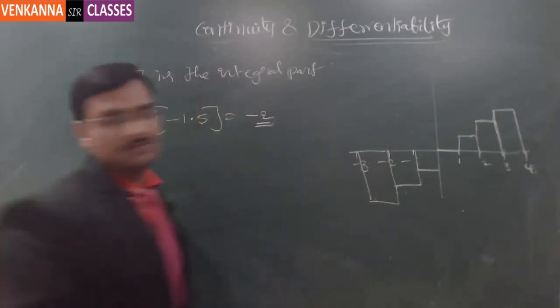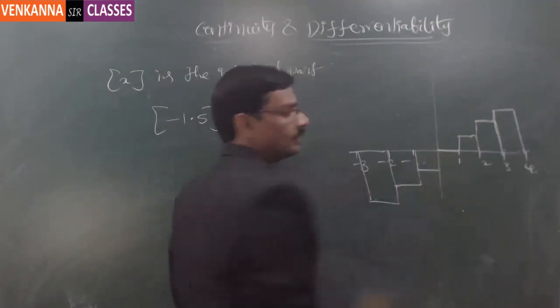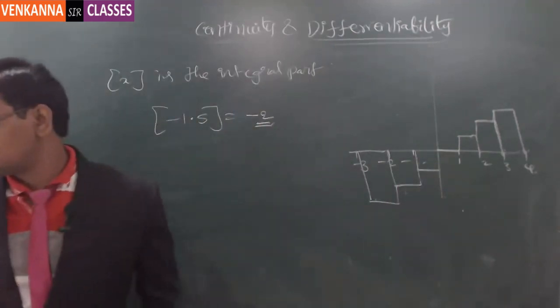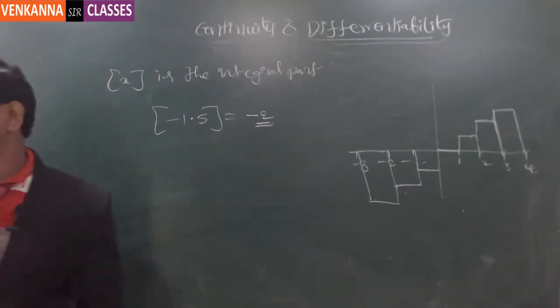This is how the graph will be. On the negative side, it will be 1 extra. Got it? Yes, greatest integer function, exactly. That is the integral part of the function.